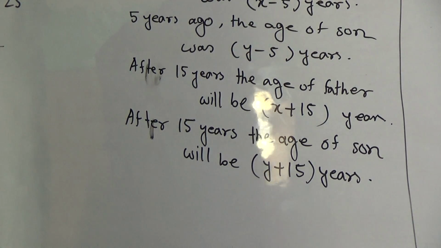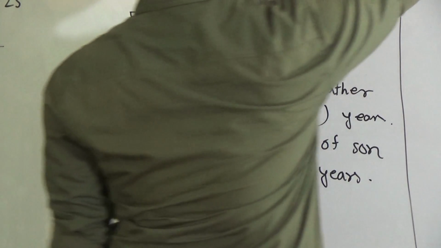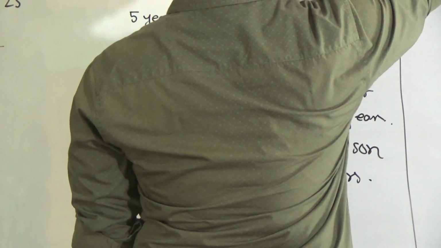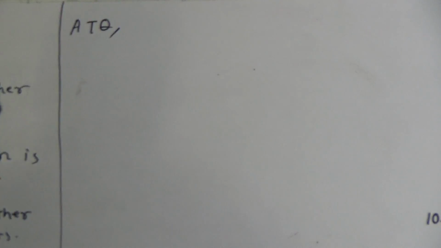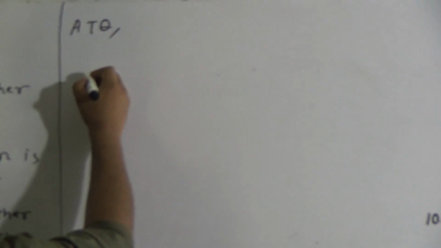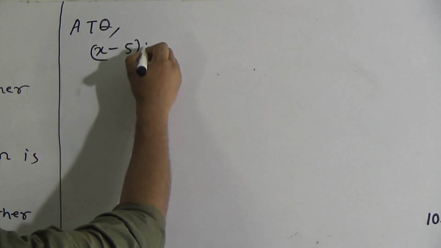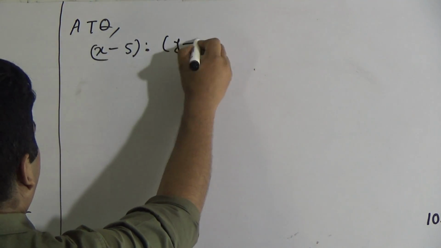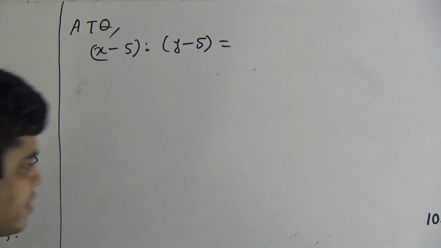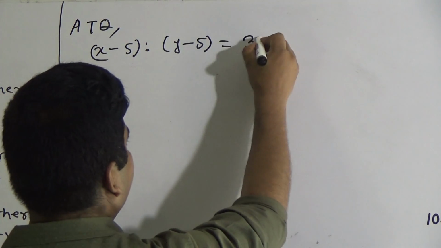So now my dear student, we use here two conditions. So according to the first condition, here you write ATQ. What do you mean by ATQ? According to the condition. Okay. According to the condition we can write x minus 5 is to y minus 5 and the ratio is given which is 3:1.